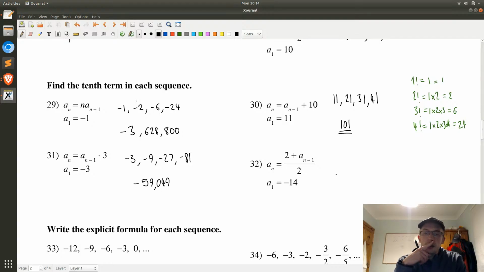Problem 32 involves this with a fraction. So we're going to put negative 14 first and just see what it looks like. So 2 take 14 is negative 12, and negative 12 divided by 2. Now, I'm tempted to put negative 6 here, but do you know what I'm going to do? I'm actually going to put it as a fraction.